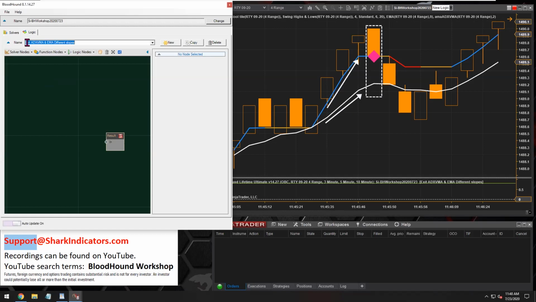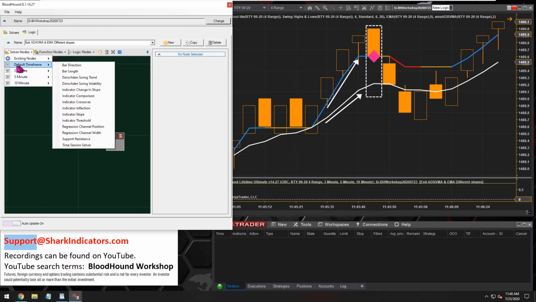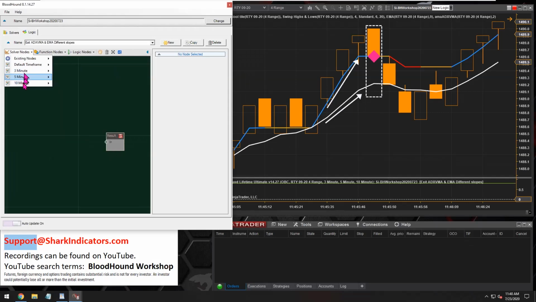All right, so we want an exit when the ADXVMA and the EMA have different slopes. So we will need a couple of slope solvers to begin with. Remember, from the previous questions, we have other time frames here.